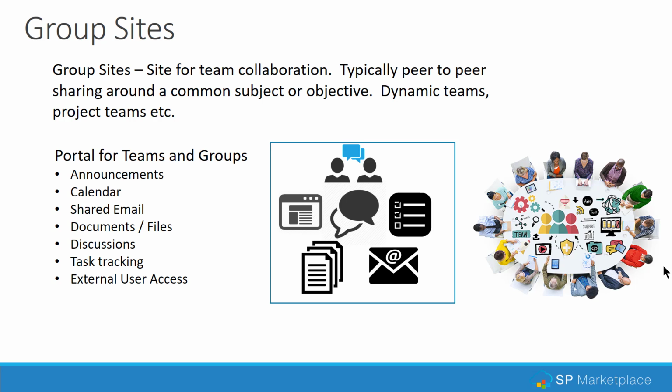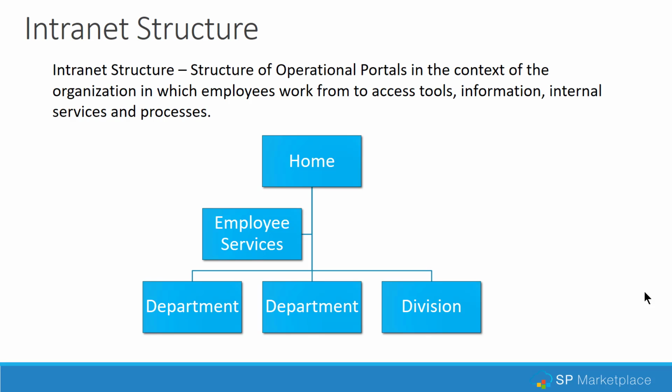The next component is core to putting it into the context of work. Many people work in some type of operational context in their organizations as part of a department or a functional unit, such as a division. We also see different levels of this, and this is what we call an intranet structure.